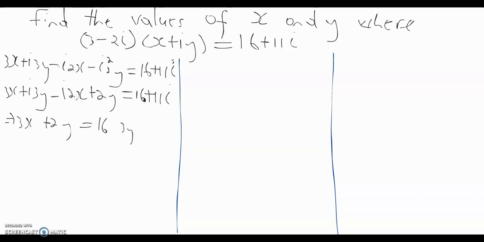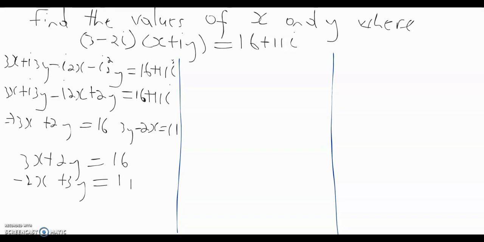So you have 3y minus 2x. And on the right hand side, the imaginary part is 11. So here we have a simultaneous equation. So I'm lining them up. So I have 3x plus 2y equals 16. And we're going to have minus 2x plus 3y equal 11.